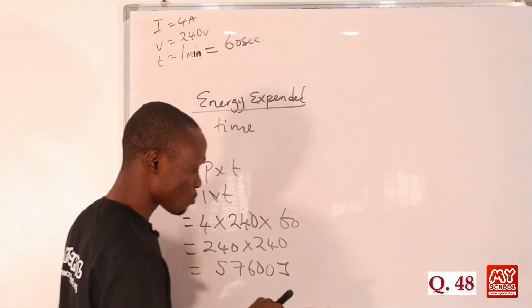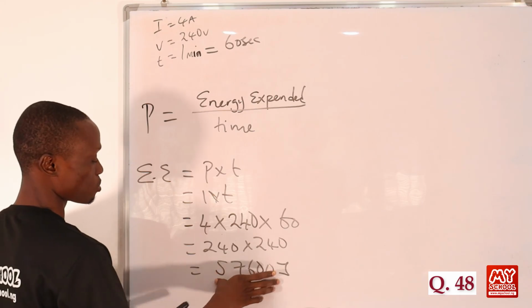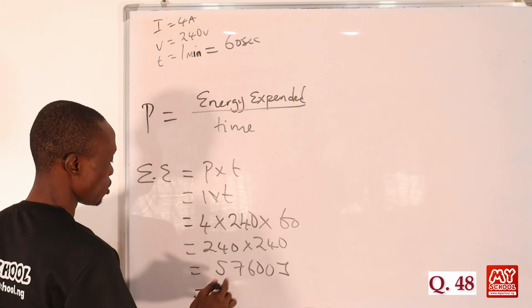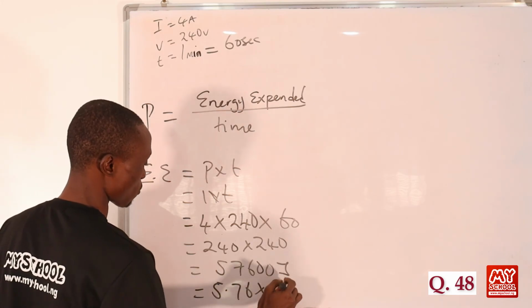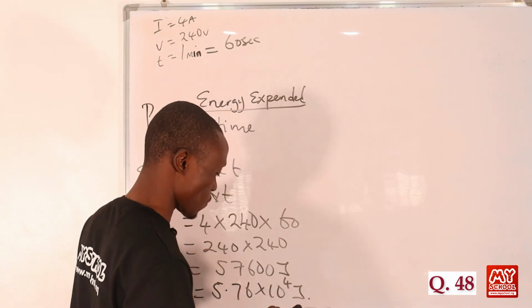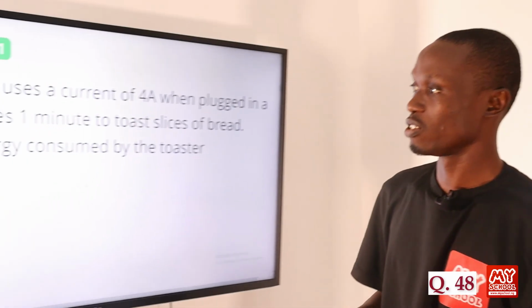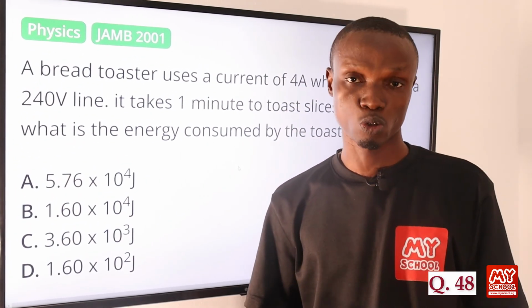But if we look at our options, it is given in standard form, so we have to put this in standard form. So we just count 1, 2, 3, 4. So this becomes 5.76 times 10 raised to the power 4 joules. So let's move over to the screen to pick the correct answer to this question, and that is option A, 5.76 times 10 raised to the power 4 joules.